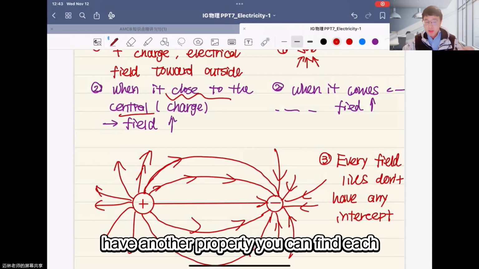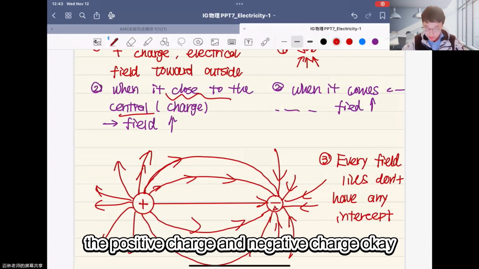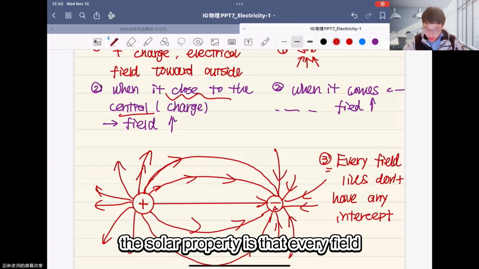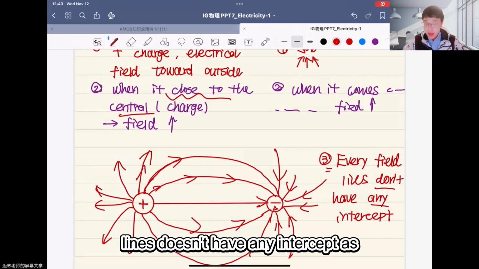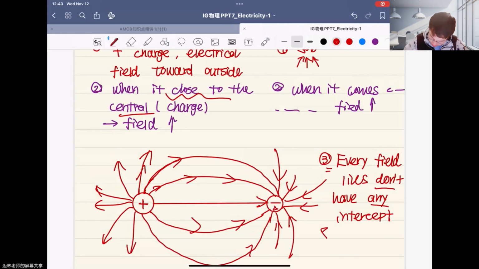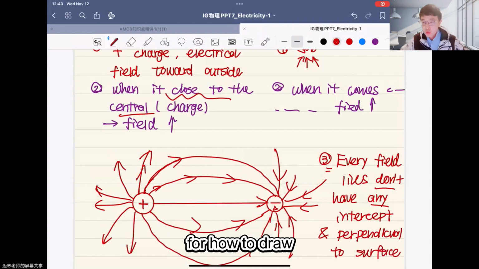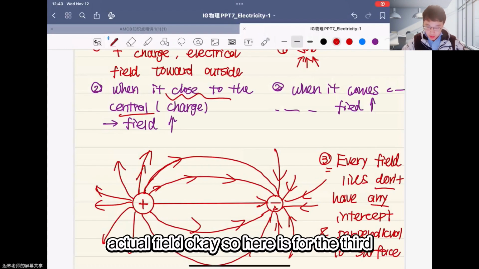So we have another property. You can find each line is perpendicular to the surface of the positive charge and negative charge. So the third property is that field lines do not intersect and they are perpendicular to the surface. This is a very important property for how to draw the electric field.